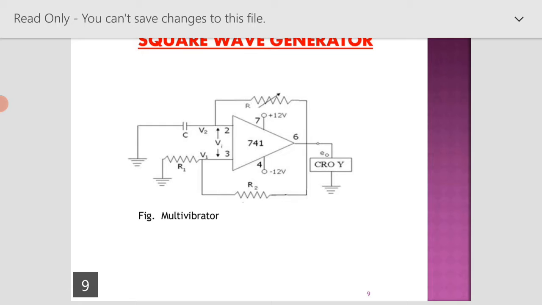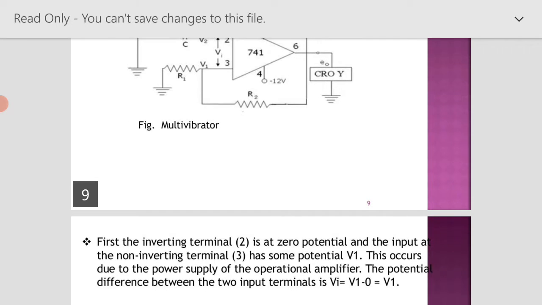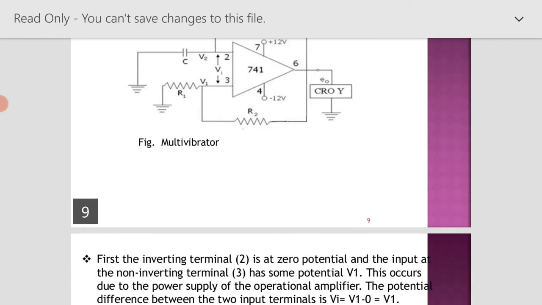The resistance R is the feedback resistance and the output of the op-amp is at pin number 6. We see this square wave generator.